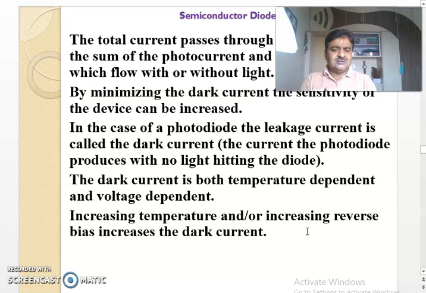Dark current increases, but in order to improve the sensitivity of the photodiode, dark current should be minimized. So, in order to minimize the dark current, the reverse bias should decrease. As a result, there will be an improvement in the sensitivity of the photodiode. This concept we have already discussed.